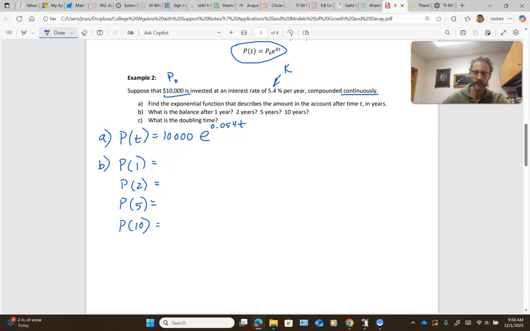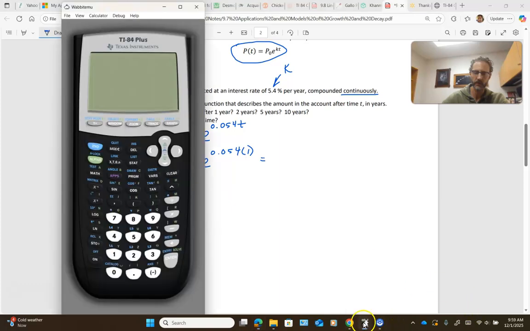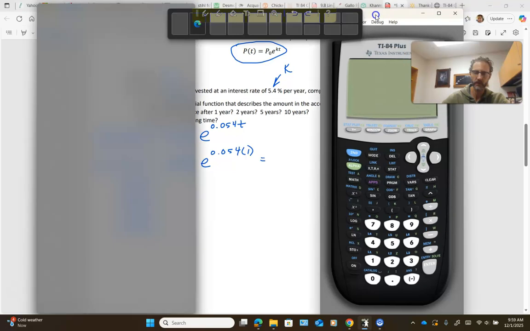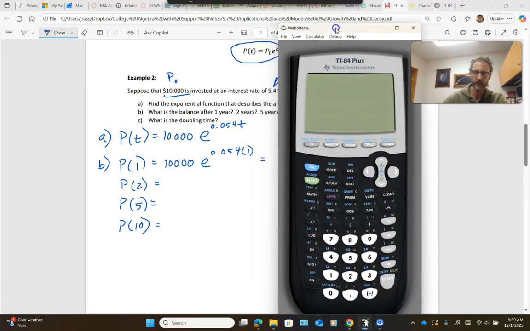All right, well, all we're going to be doing for these problems, guys, is evaluating this function that we came up with for different values of t. The first one I'll write out explicitly. The rest of these I will not, because you can just use your calculator to evaluate these. So 10,000, and type it in exactly the way it's written.